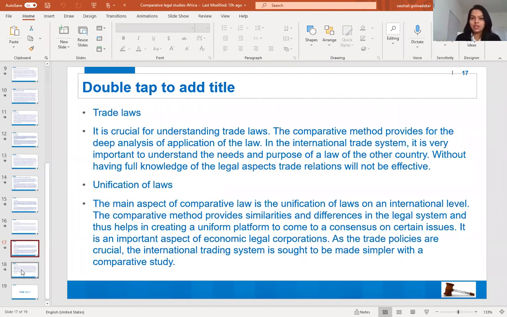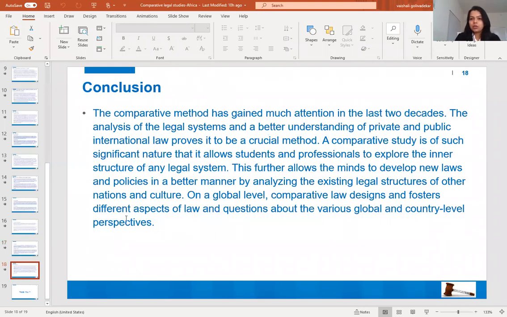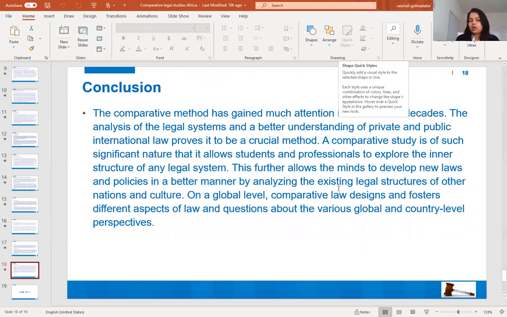Okay, then I will conclude now. So let me conclude briefly. The comparative method has gained much attention in law in the last 2 decades. The analysis of legal systems and a better understanding of private and public international law prove it to be a crucial method. A comparative study is of such significant nature that it allows students and professionals to explore the inner structure of any legal system.